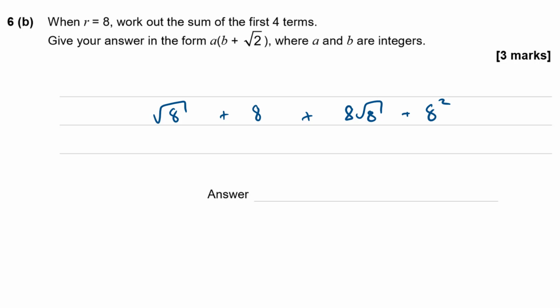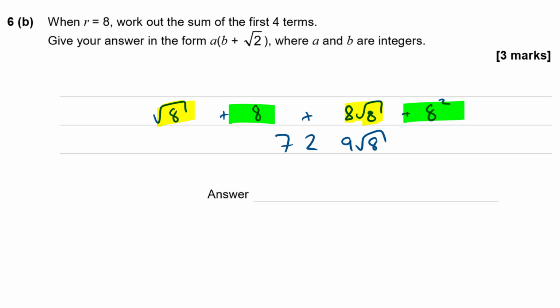Root 8 I can express as, well, let's just add those together first, because let's collect like terms. I've got root 8 and 8 root 8, which together gives me 9 root 8, and I've got 8 and 8 squared. 8 squared is 64, plus my other 8 is going to give me 72.